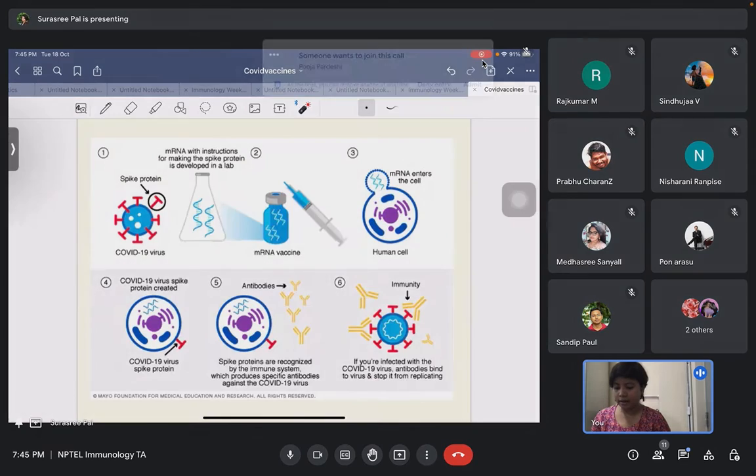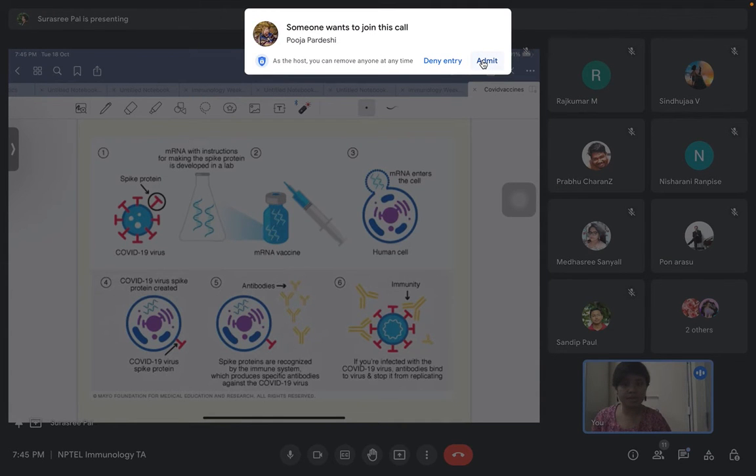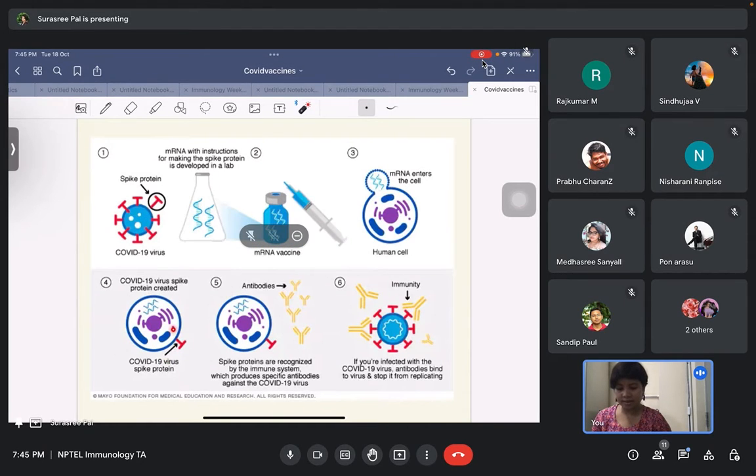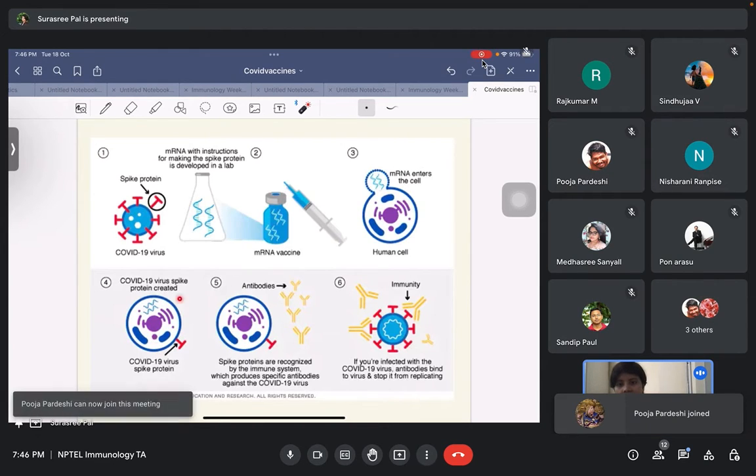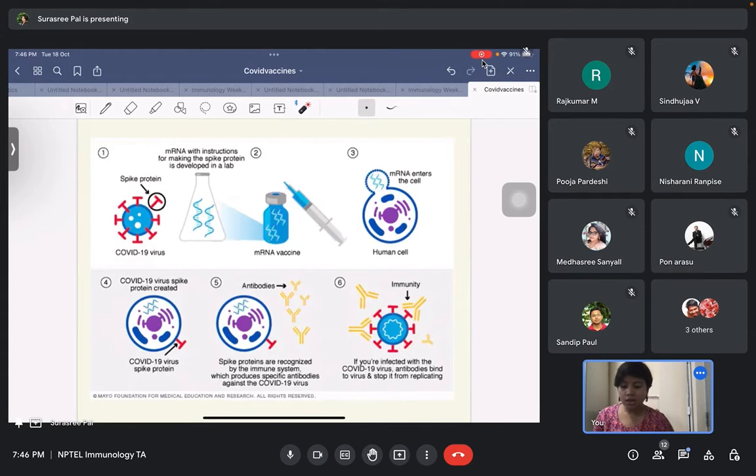And then it similarly produces this COVID-19 virus spike protein, and then it is recognized by the immune system, and specific antibodies against this COVID-19 virus can be produced. So this is the strategy which was used by the Moderna vaccine as well as the Pfizer vaccine.